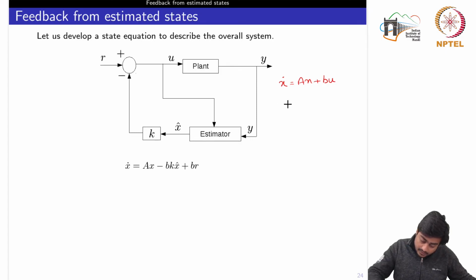And we write u equals r minus K x hat, right? So this is the actual plant, and this is the controller, where instead of having x, we are supplying x hat. Now if I combine these two equations, I would get x dot equals Ax, and putting u as r minus K x hat here, I would get Br minus BK x hat.